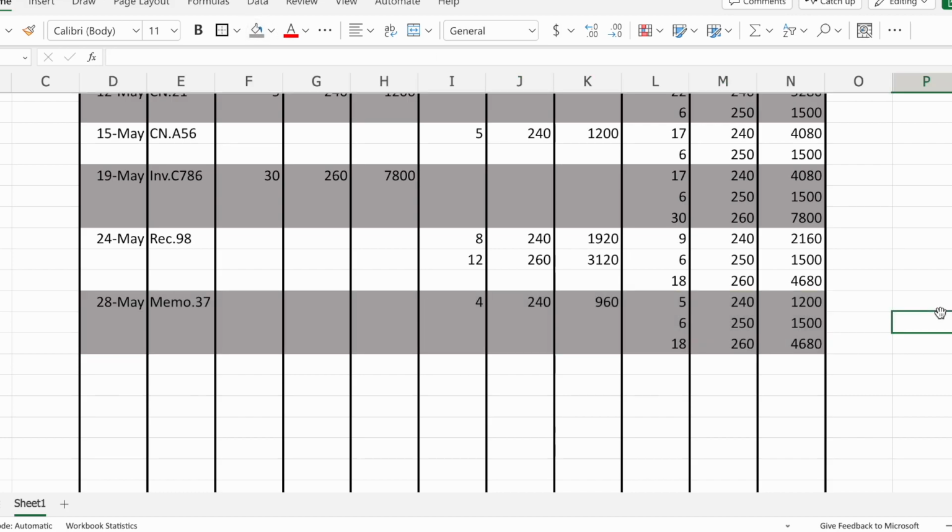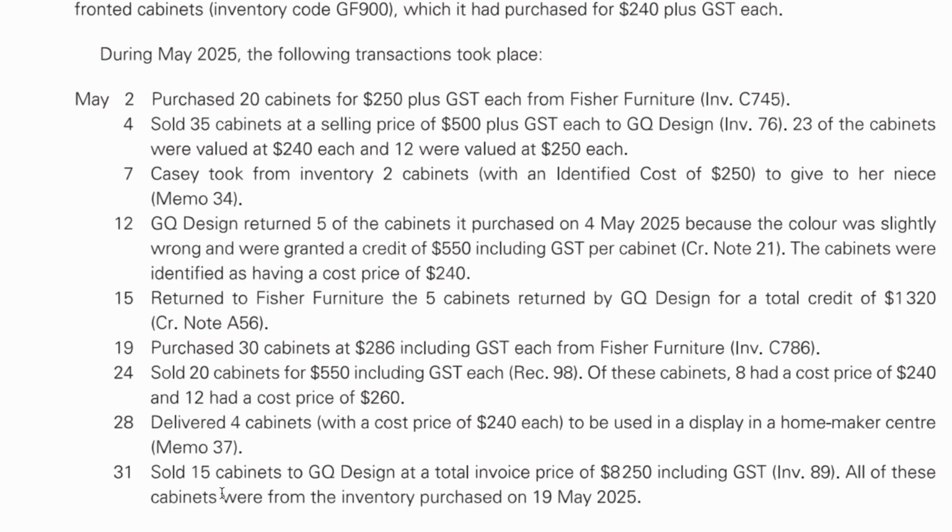Alright, now the 31st of May, that's the last one, I'm pretty sure. Sold 15 cabinets to GQ Design at a total invoice price. So invoice 89, all these cabinets from the inventory purchase on 19 May. Okay, so they gave us invoice 89.